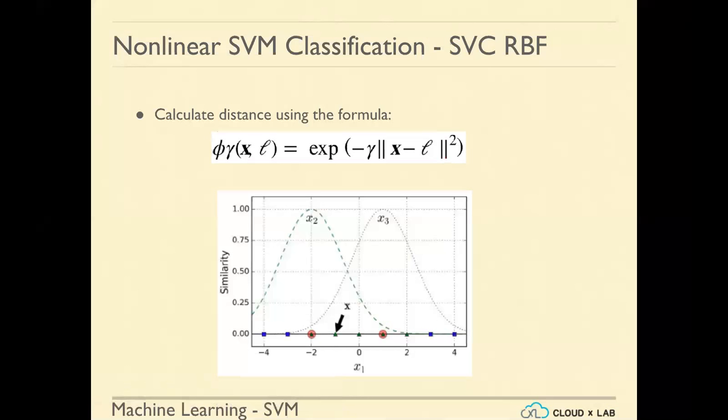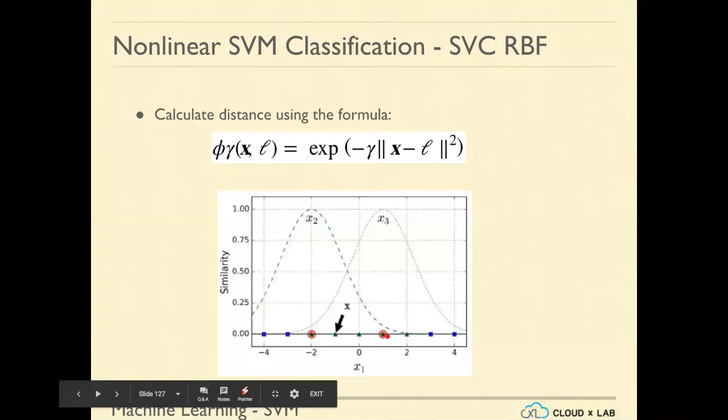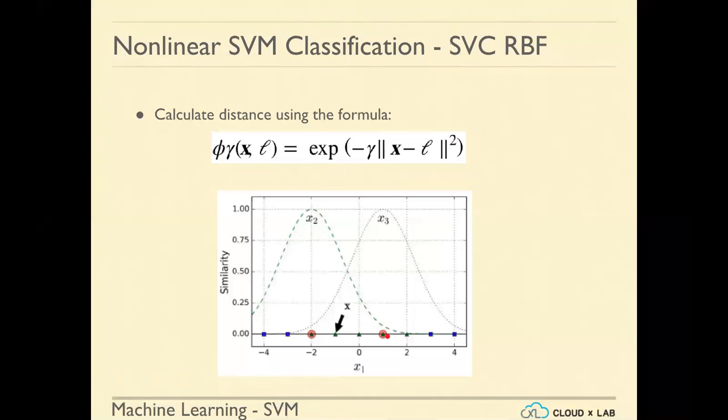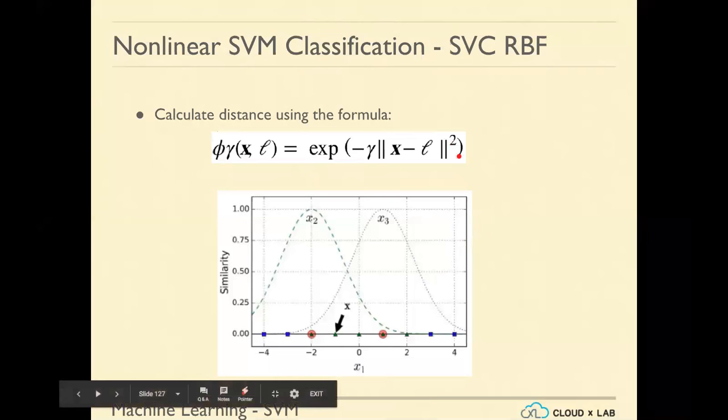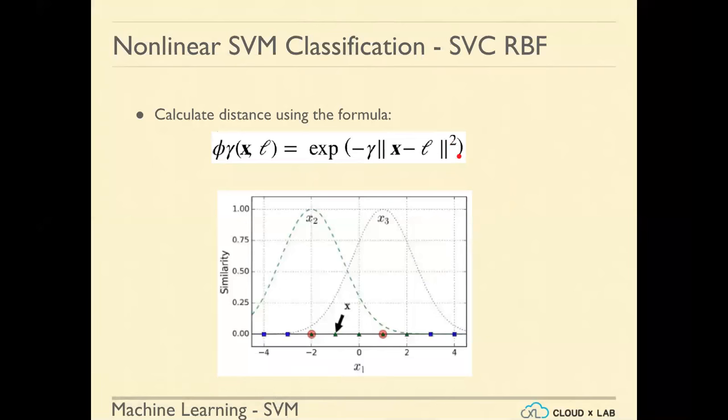Question is, right now we have added two landmarks, this and this. These two landmarks are arbitrary, correct? Correct. There is no need to write the modulus because we are already squaring.